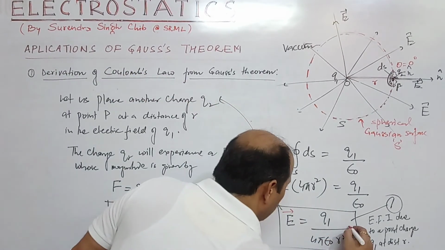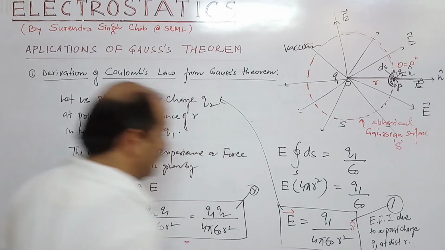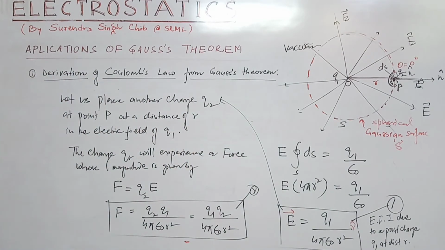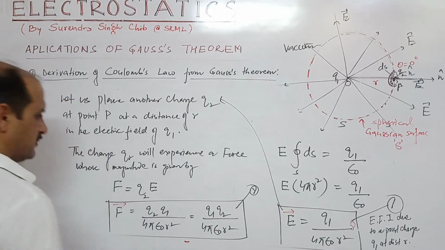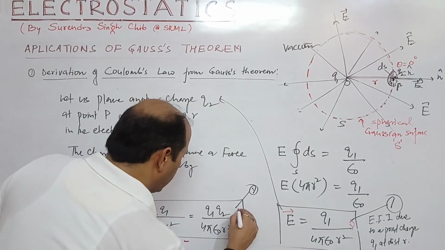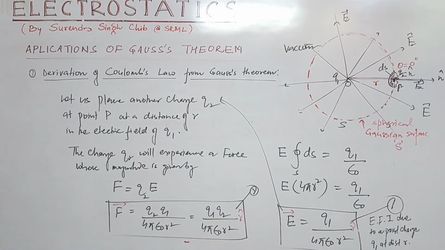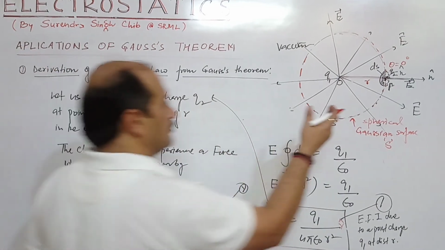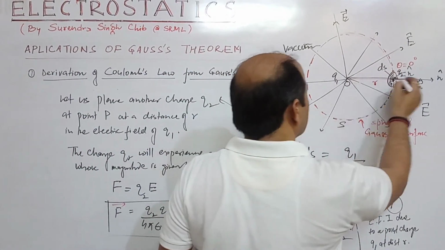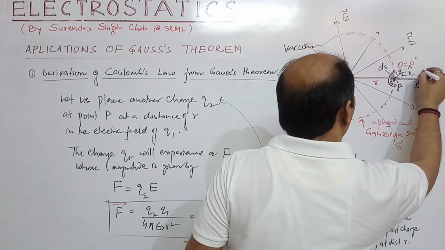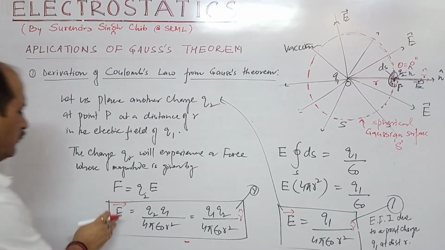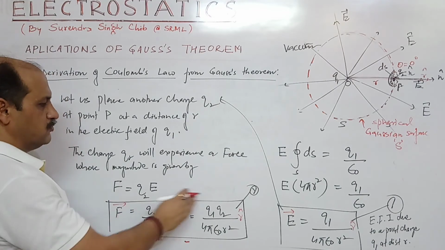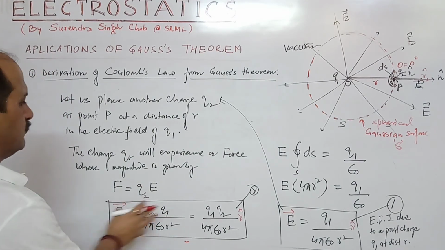I will put a vector over the force and r cap here. Where is r cap in this figure? It is the radius vector, r cap, radially outwards. So this is the expression of force experienced by the two charges, and this is Coulomb's law.